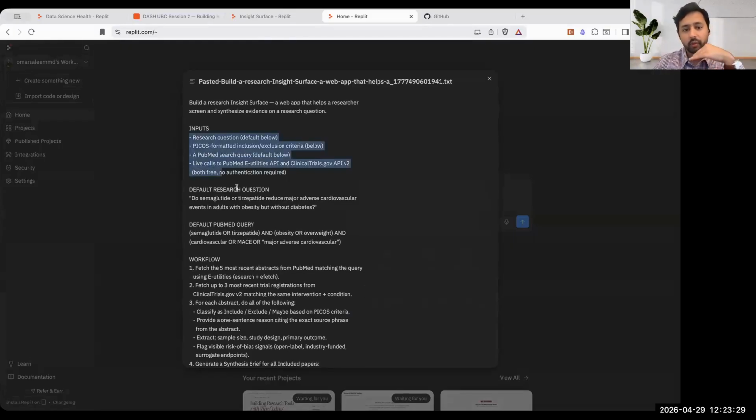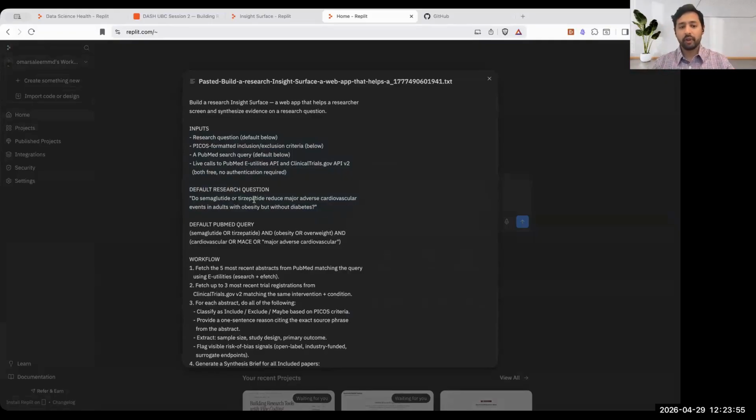These are inputs where we want all the questions. The default research question is in there so that it has an idea of what you are looking for. And this is a good place to mention that the more examples you can give the LLM, the more helpful it is. It gets a lot of context as to how you're thinking and what you're thinking about as the end goal for this product and for the app.